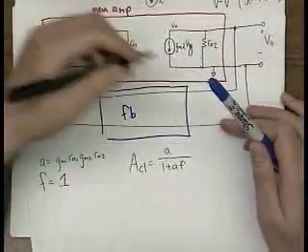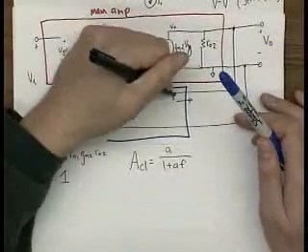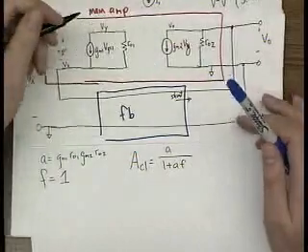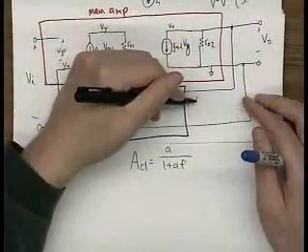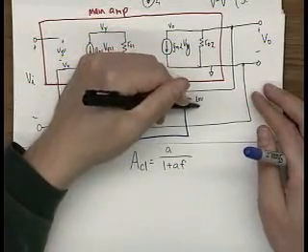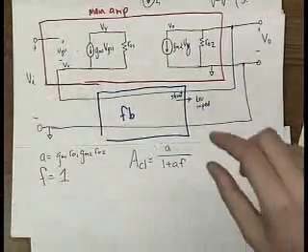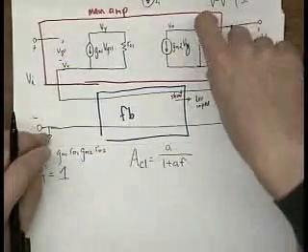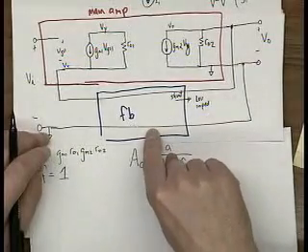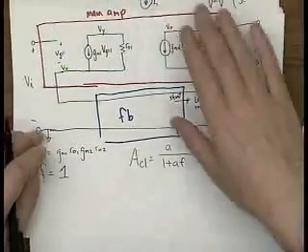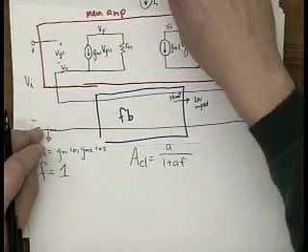When you're breaking the loop and looking this way, it's into a shunt network. So because it's into a shunt network, you assume that it's a low impedance node. Therefore, when you're calculating the main amplifier gain, you short this node to ground.